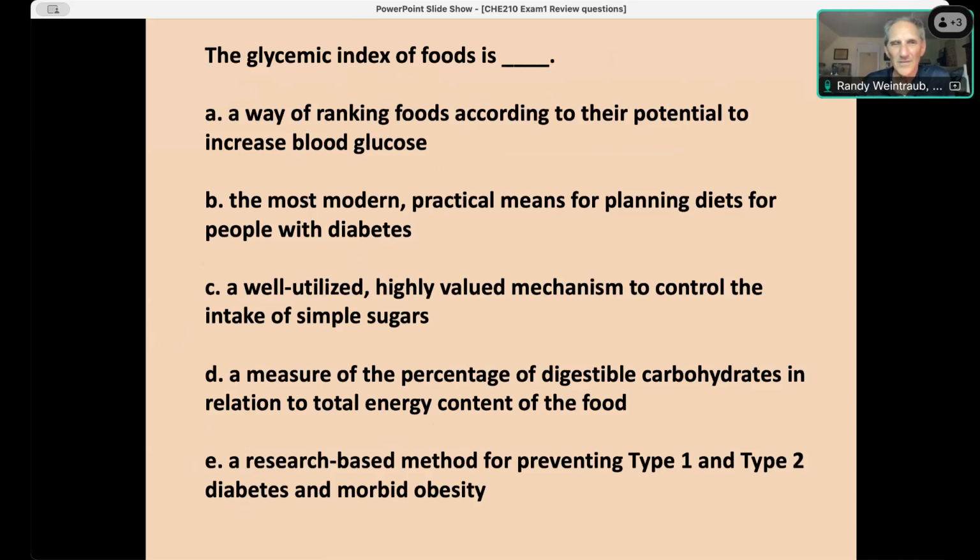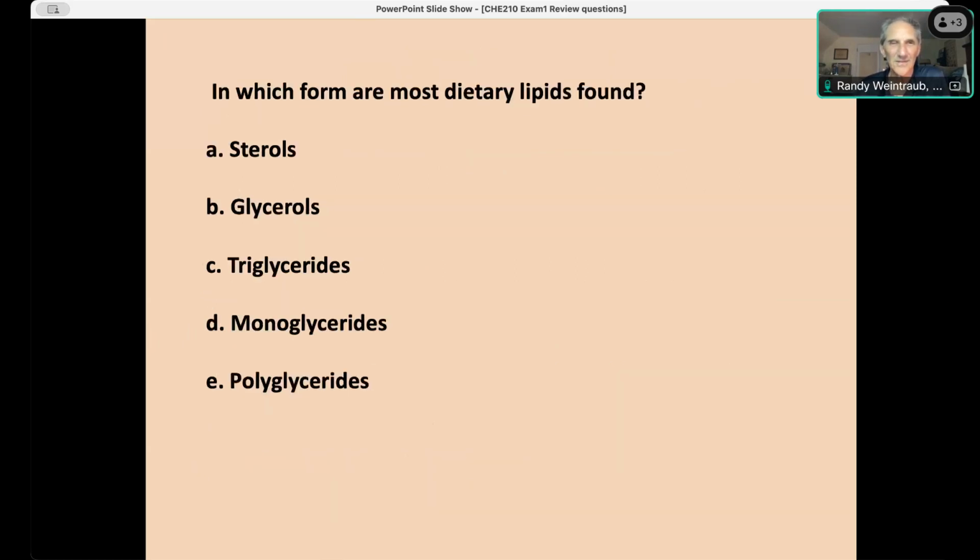We don't want that. We want slow release into the bloodstream. So it's a way to rank potential increase in blood glucose. Something like white bread is very high glycemic index, as opposed to the carbohydrate in vegetables or in whole wheat bread, which have a much lower glycemic index, slower release of glucose into the bloodstream.